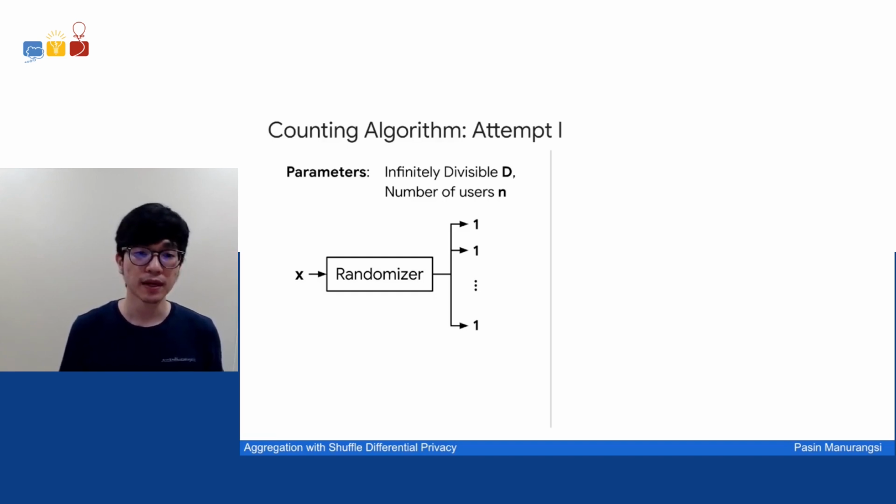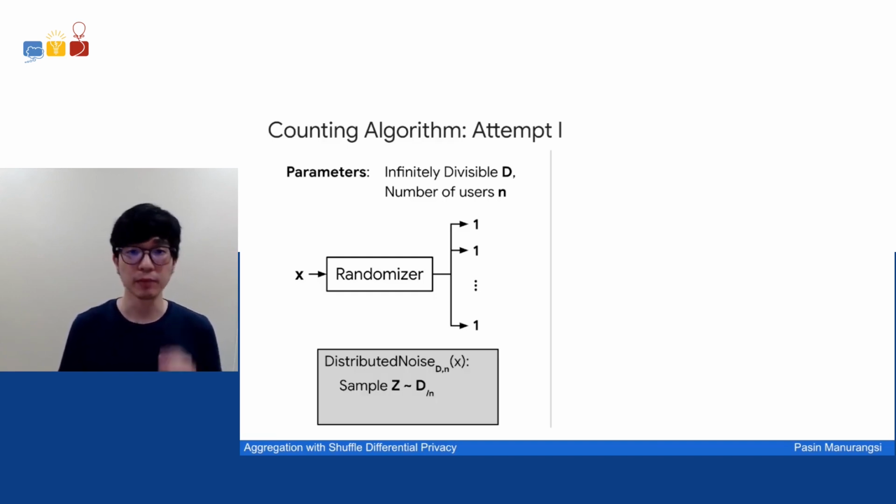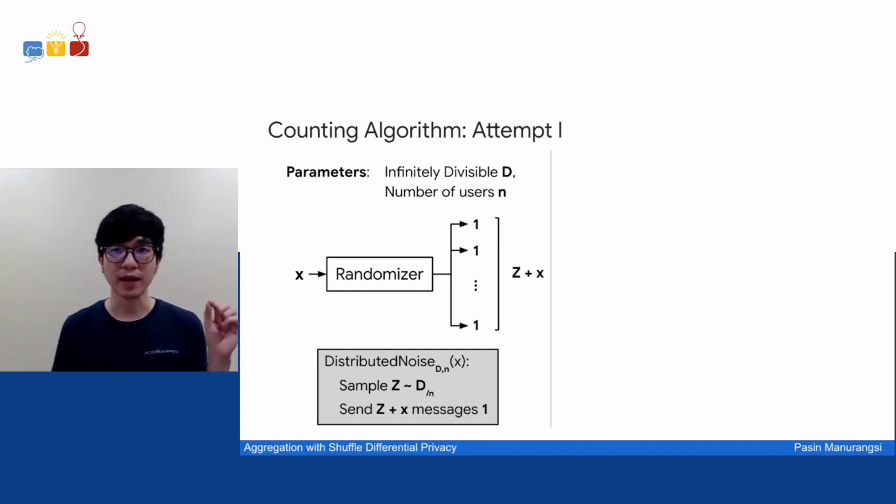They will sample the distributed noise they want to add from D divided by n. And then they will send messages that are all the same. Here I'm denoting these messages by 1. They are exactly the same messages, except they just vary the number of these messages. And the number of messages that they will send will be the noise Z plus x, the input.